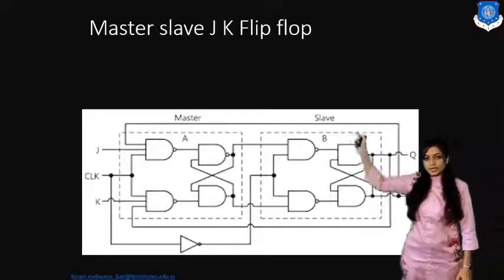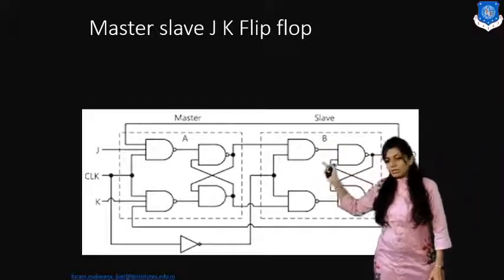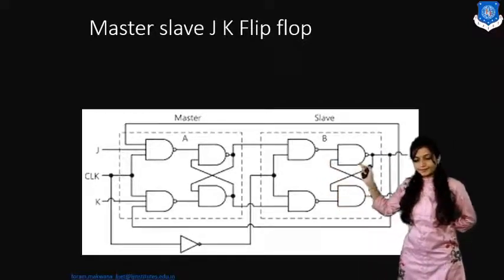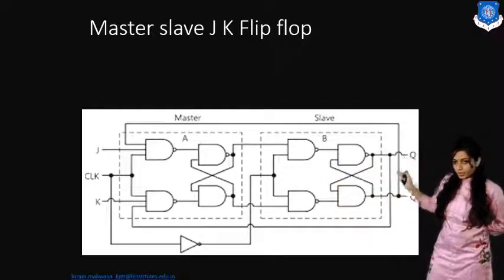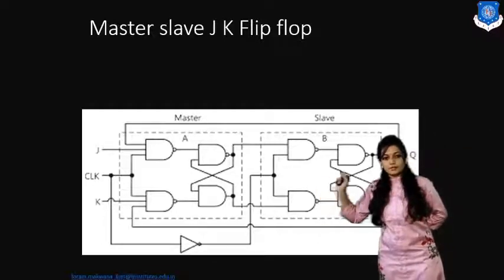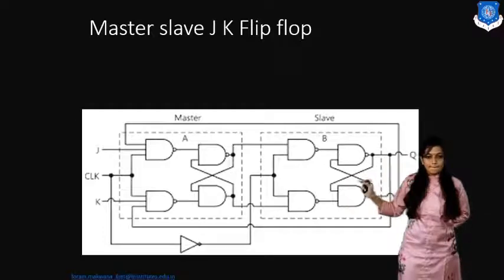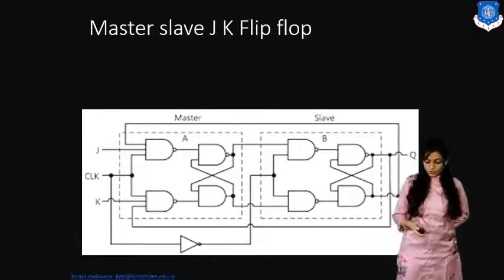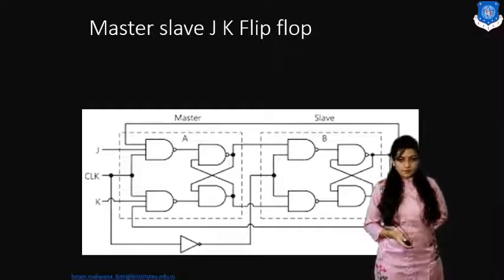Q bar is connected to the first input of the master, and Q is connected with the K, where we have applied the K input. Alright, this is the master slave JK flip-flop.